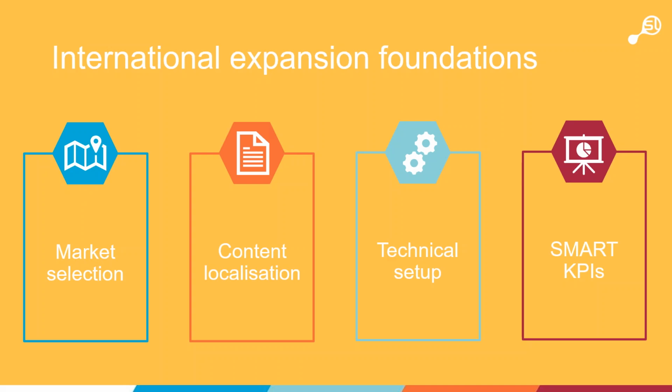Then there's the technical setup: what domain do we pick, how do we geo-target the users in those countries, etc. And you need to really understand the KPIs you're driving towards. Are you going to dominate those markets, or are you trying to establish a foothold? It's really important to understand what you're trying to achieve and how you're measuring that success.